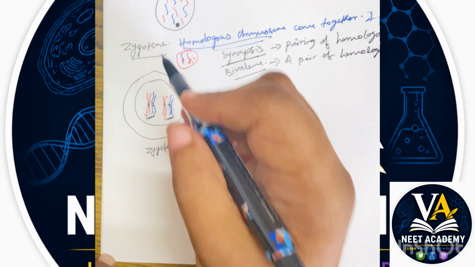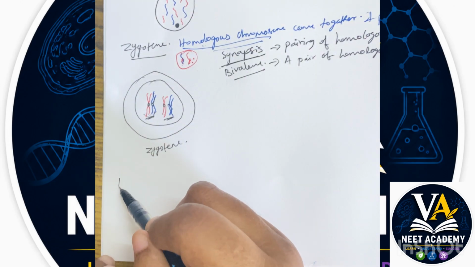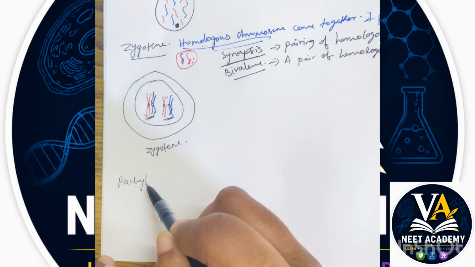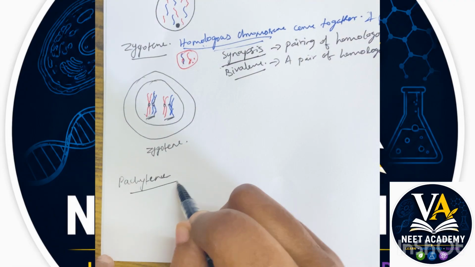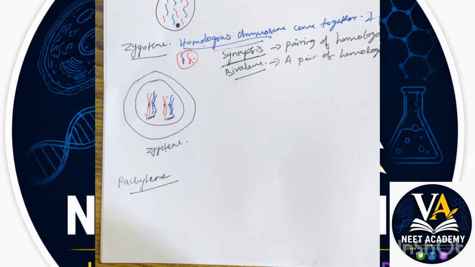The next stage after L, Z is P, that is Pachytene. So what happens in Pachytene?